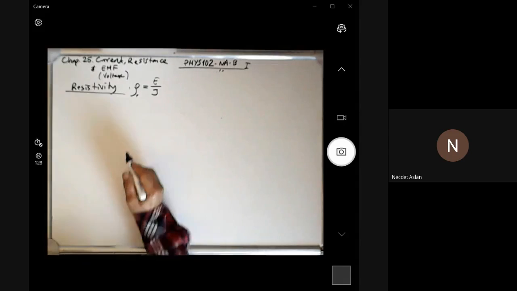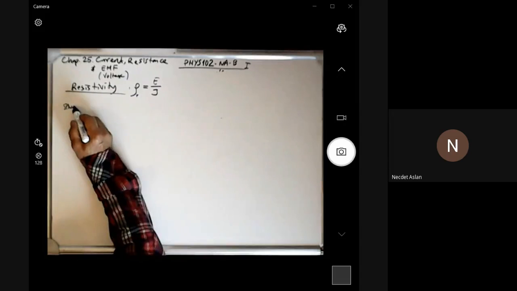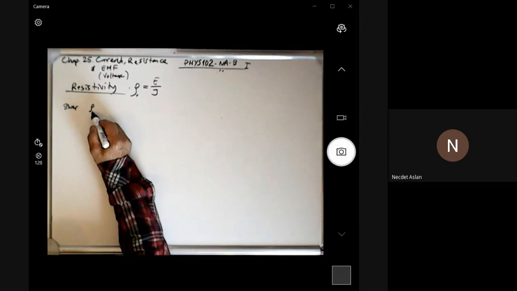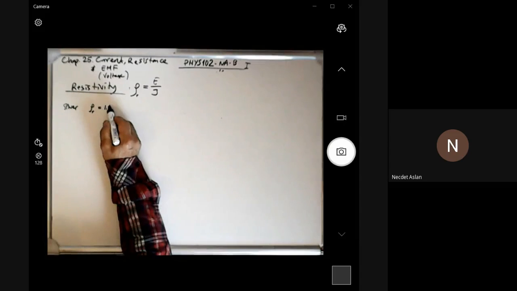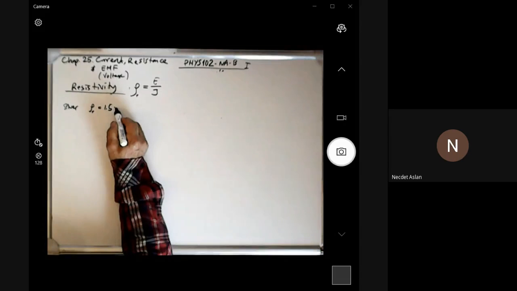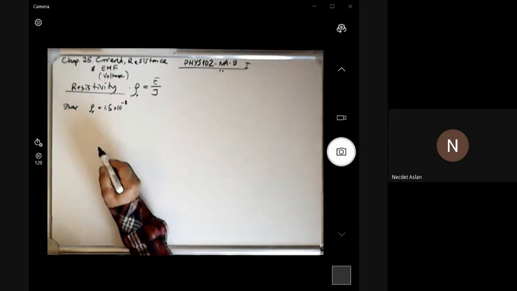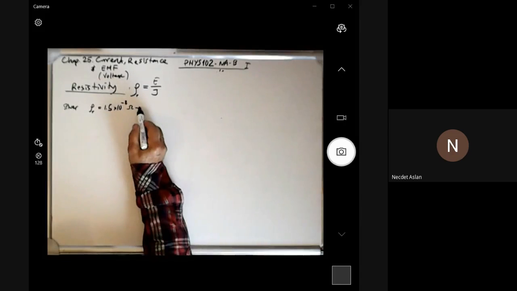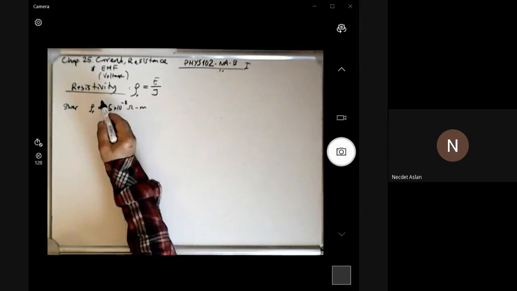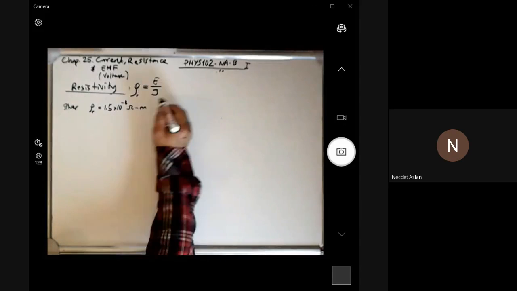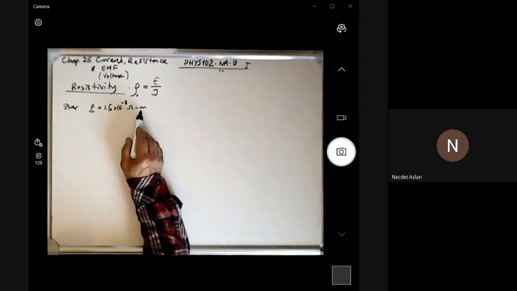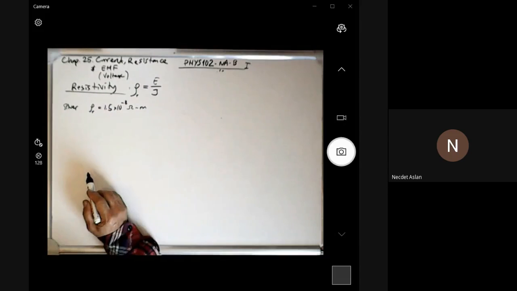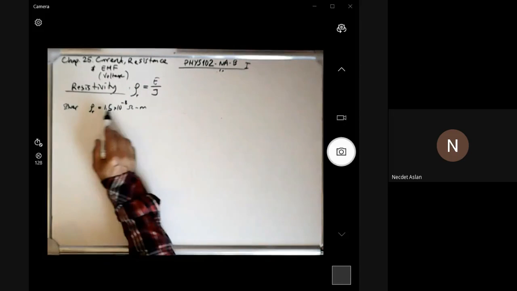For instance, for silver, rho_R is like 1.5 times 10 to the minus 8, very small. And the unit of this is ohm meter. We will see that resistance is in ohms, and ohm meter is the unit of resistivity. So for silver, it's very small, as you see.